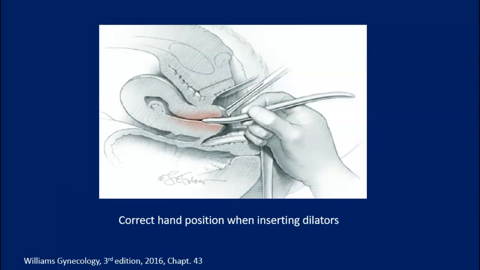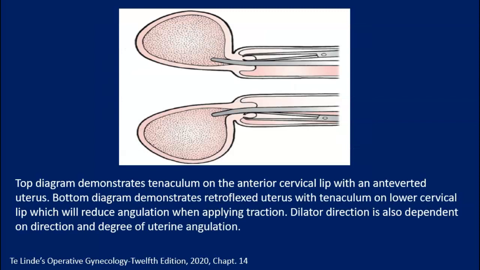This demonstrates the correct hand position for inserting dilators at a D&C or suction curettage procedure. This demonstrates also that you can vary where you put your tenaculum on the lip of the cervix. If you have a sharply anteverted uterus, you would leave it on the anterior lip, and then have angulated either dilators or even suction or curettes, which allow one to sort of reach the anterior flexed uterus.